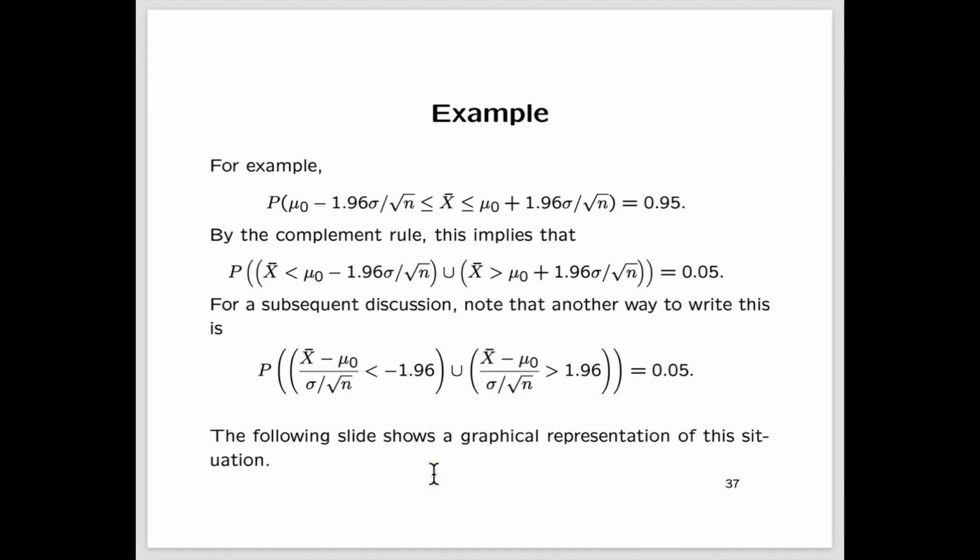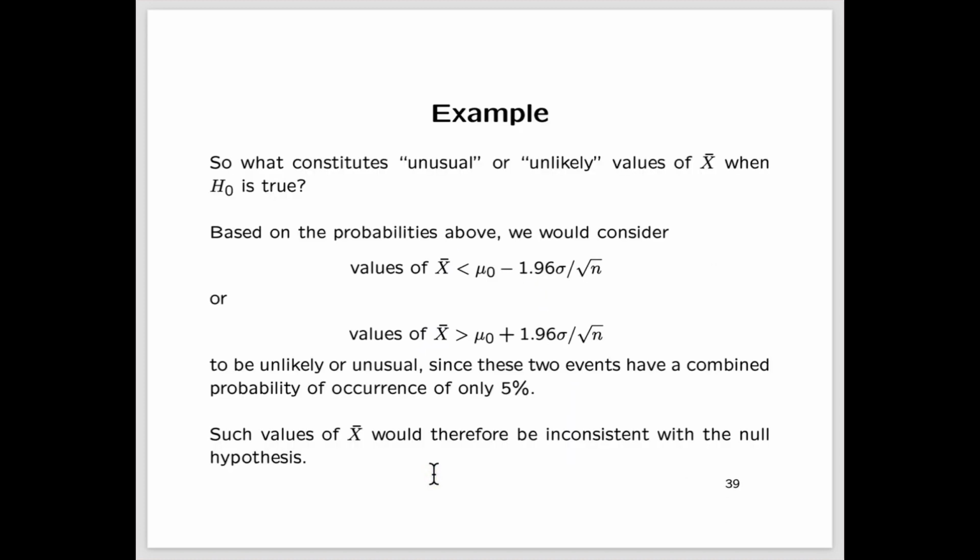So continuing on. What constitutes unusual or unlikely values of X bar when the null hypothesis is true? Well, values of X bar that are less than or to the left of this lower endpoint, or values of X bar that are greater than or to the right of this upper endpoint.